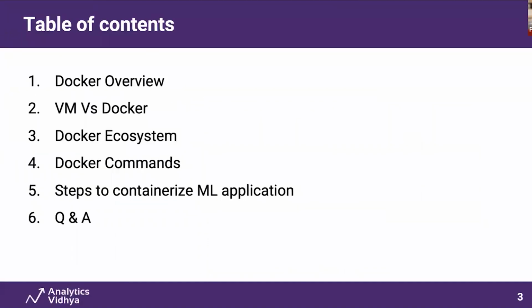All right, so what are we going to cover today? Today, we'll start with some of the basics and fundamentals to lay the ground, to help you understand what Docker is, and what the specific components and internals of using Docker are. Then we'll see the comparison between a virtual machine and a Docker container. The third part will look into different components of the Docker ecosystem.